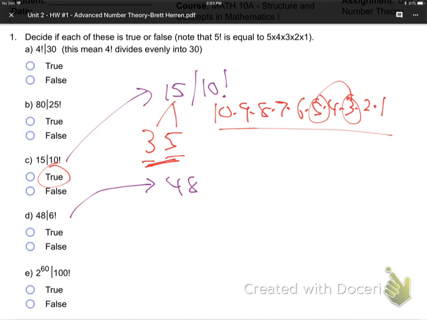D says, does 48 go into 6 factorial? So try breaking apart the 48, and then look at the 6 factorial, break apart the primes on both sides. See if it goes in there.